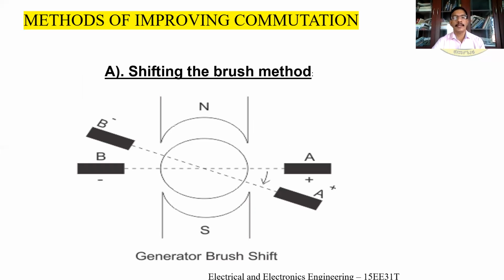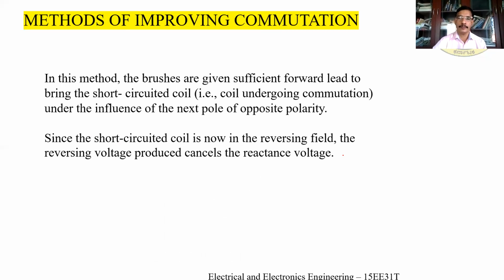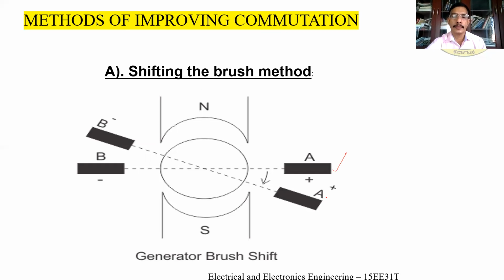By the shifting brush method, you can see here, this is the original brush position. Next, the brush is shifted from this position to this position. Thereby, we can overcome that reactance voltage problem and improve the commutation.